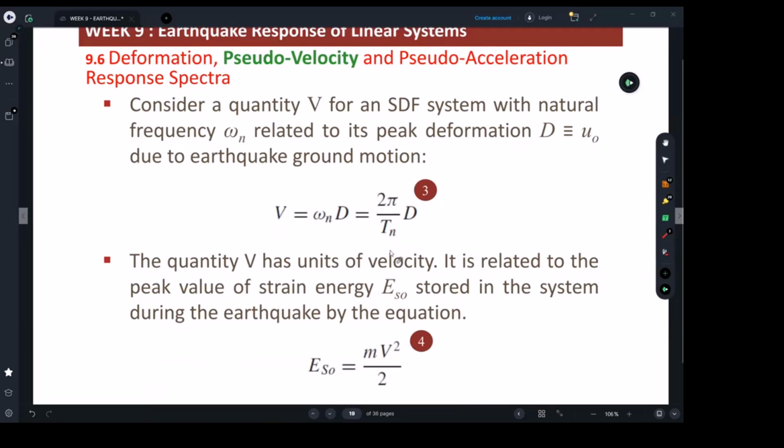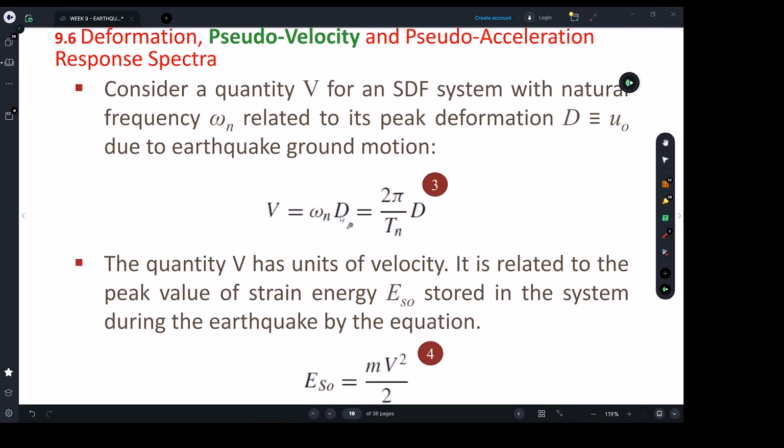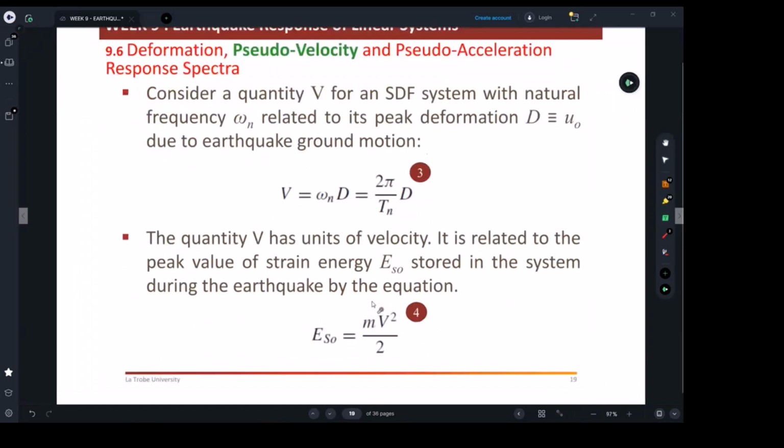And it can be equal to the displacement. Right, so pseudo velocity is actually the letter D, and if we multiply the displacement response by omega, it would give us the velocity. And as we all know, the frequency can be replaced by 2 pi over time period. So that's not really something new for you.